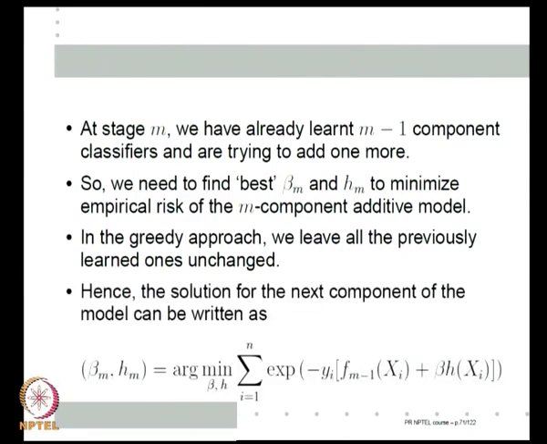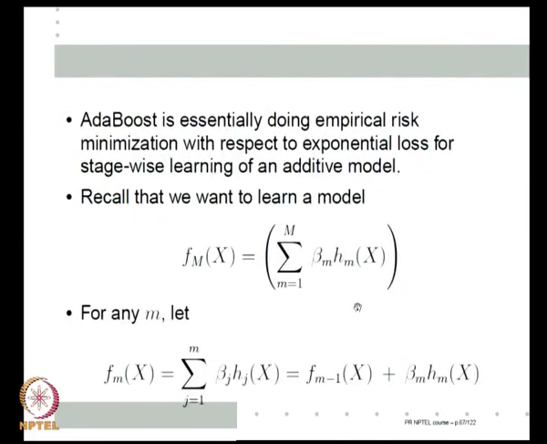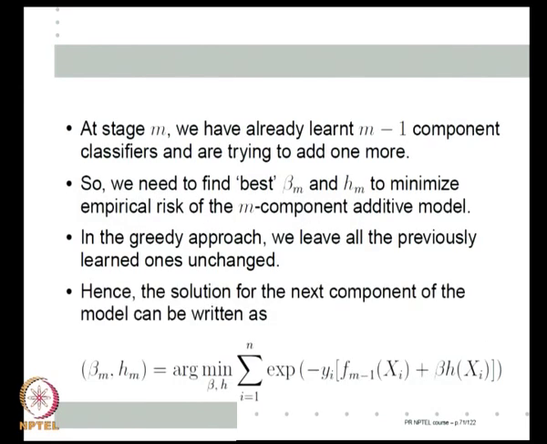Hence, the solution for the next component of the model is, see, this is my model and I am using my exponential loss. So, my empirical risk is the sum over the examples i equal to 1 to n of exponential of minus y_i times my model. My model is f_{m-1}(x_i) plus beta h(x_i). Beta h is what I want to add at the mth stage, beta into h, and I am minimizing it over all possible beta and h.